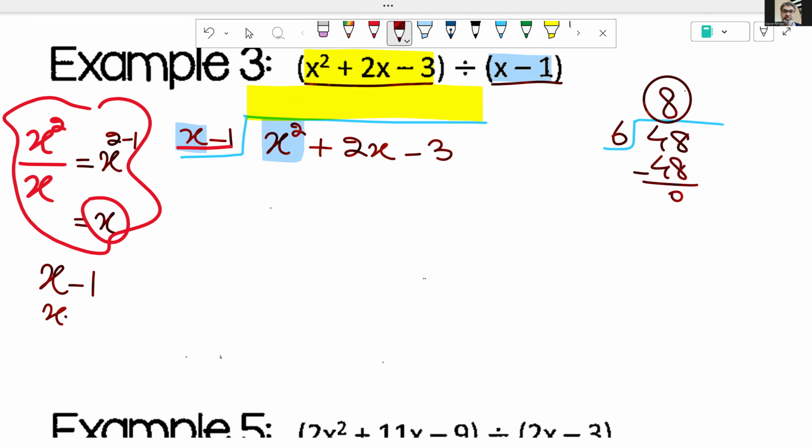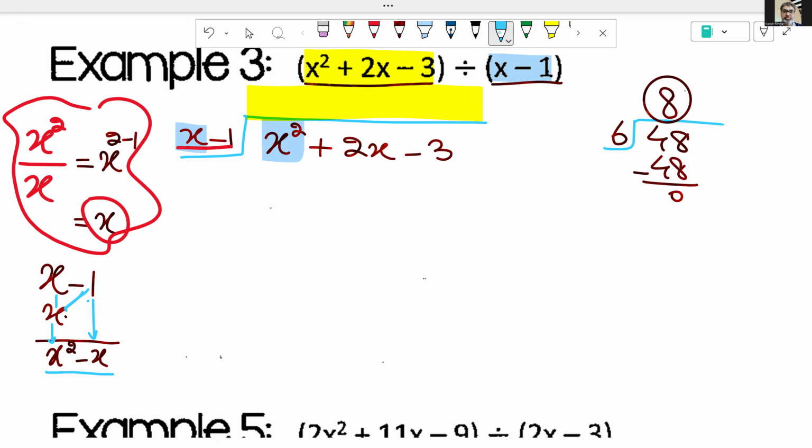When you multiply, you must distribute the x to both of these terms. And that will give you, as a first multiplication, x squared, and then a minus x. Right? You first multiplied the x with an x, and that gave you the x squared. And then you multiplied the x with a 1, and that gave you the minus x.